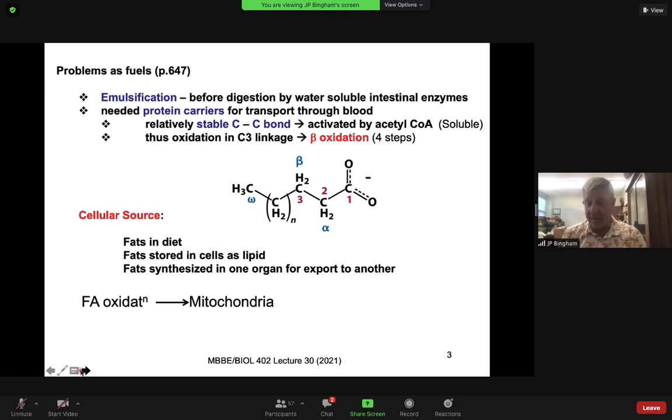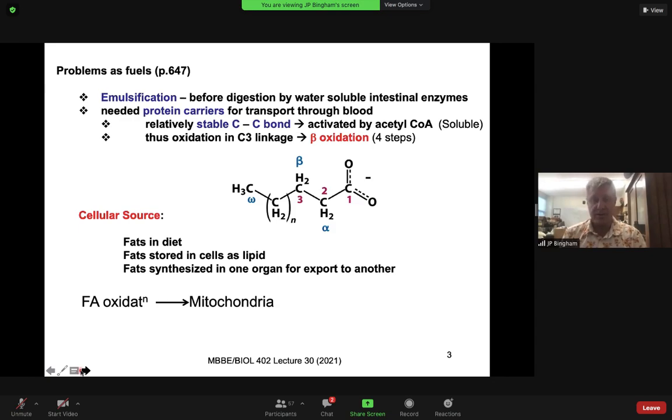If we need to carry these fats around the body as an energy source to get to the muscle or to the liver or to the big toe, we also have to make sure that they are being carried by additional carrier proteins because, again, they're not soluble. So we're going to have these particular proteins such as lipoproteins give us this capacity to move those lipids safely through the circulatory system.